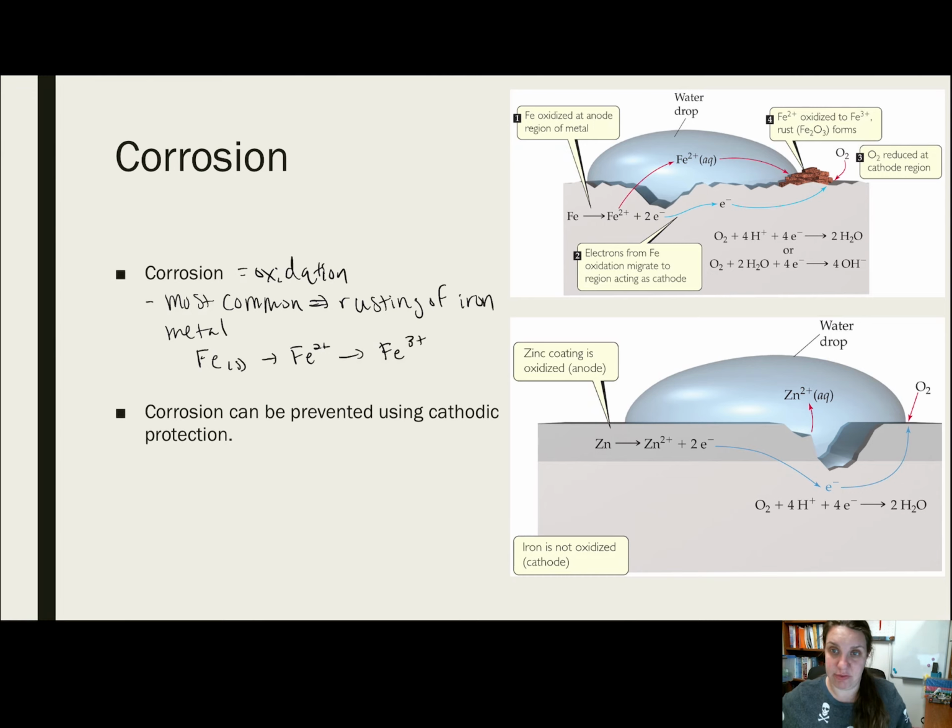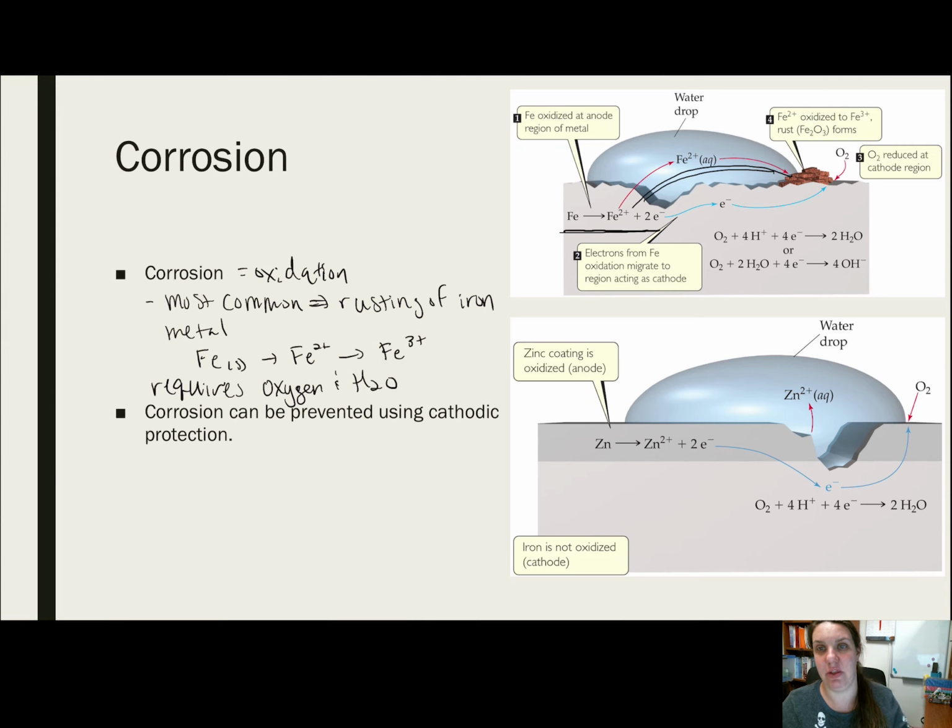In this process, here's the first one, right here. And then there's iron going to iron 3 oxide. This process, all included, requires both oxygen and water for it to occur.